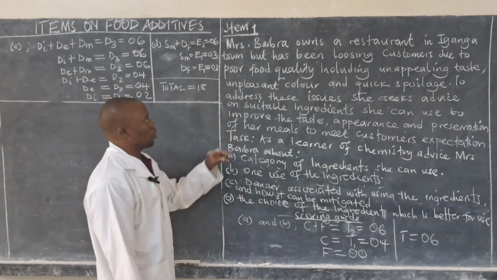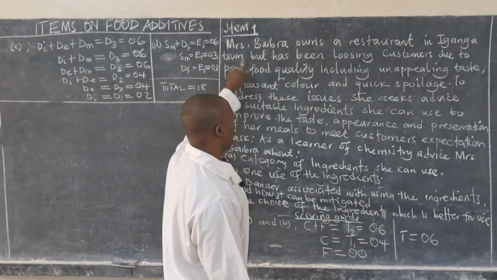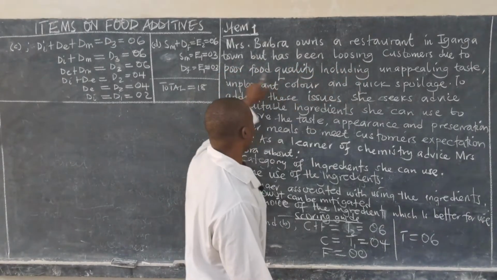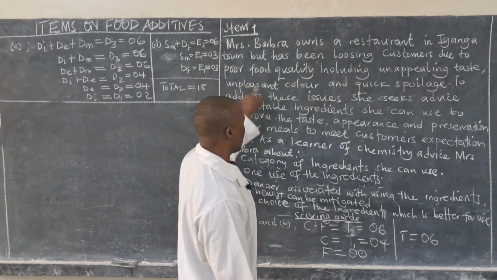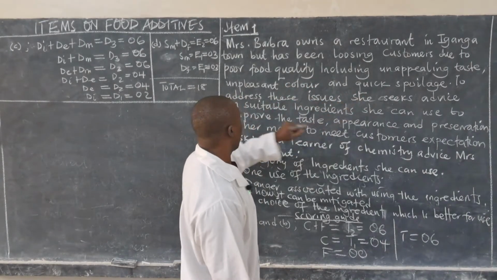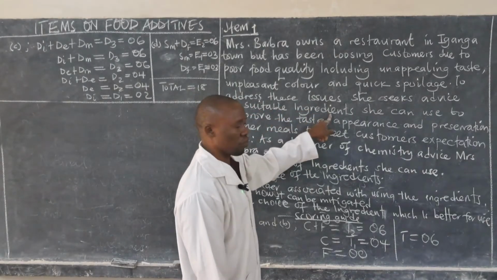So the item goes: Miss Barbara owns a restaurant in Iganga town but has been losing customers due to poor food quality, including unappealing taste, unpleasant color, and quick spoilage. To address these issues, she seeks advice on suitable ingredients.